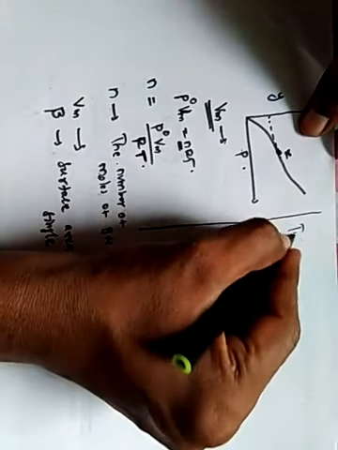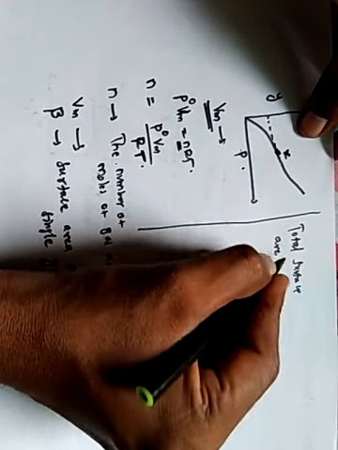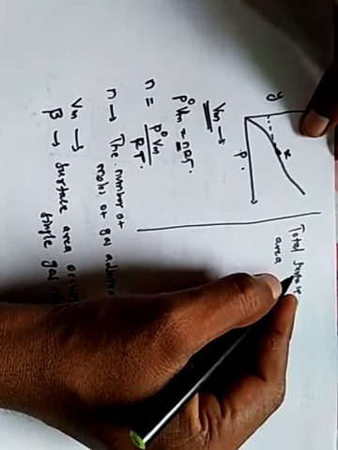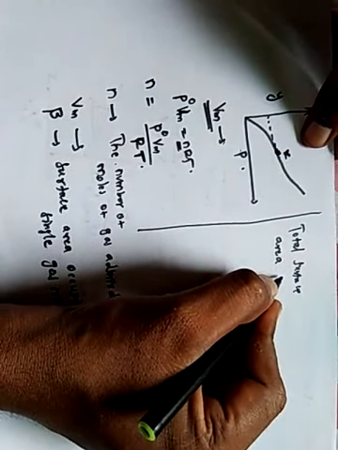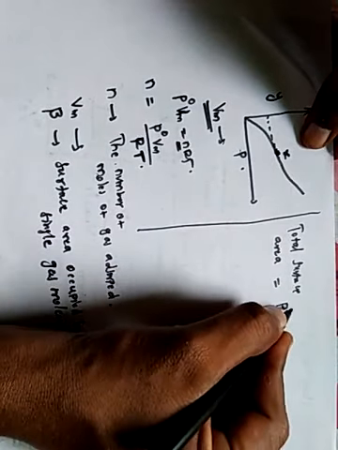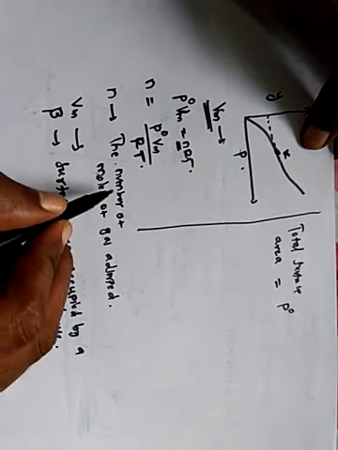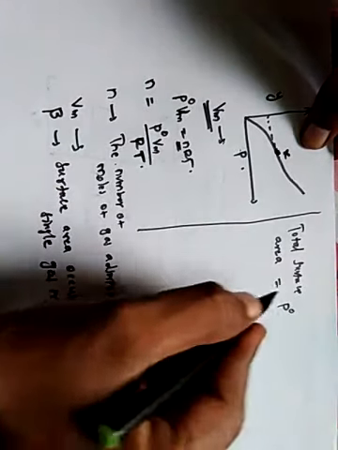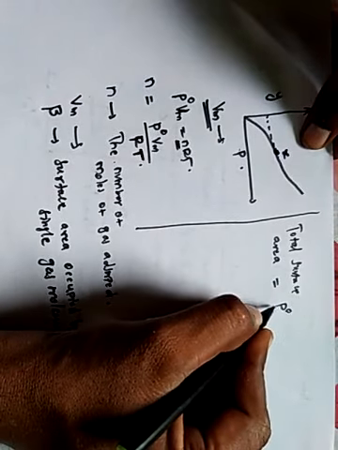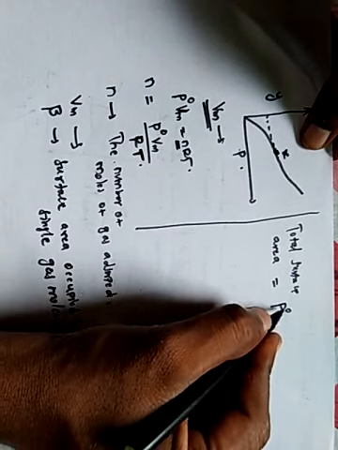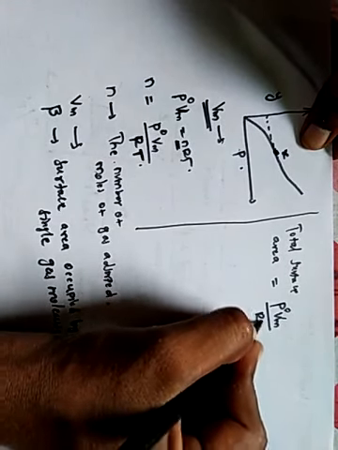Therefore, total surface area equals, the number of moles of gas adsorbed at the monolayer is given by P naught Vm divided by RT.